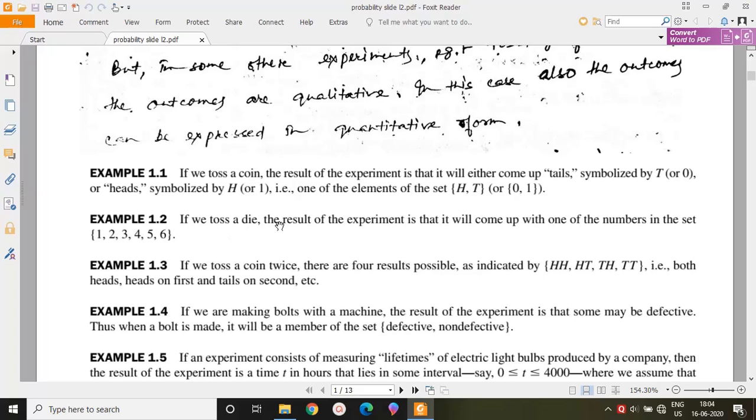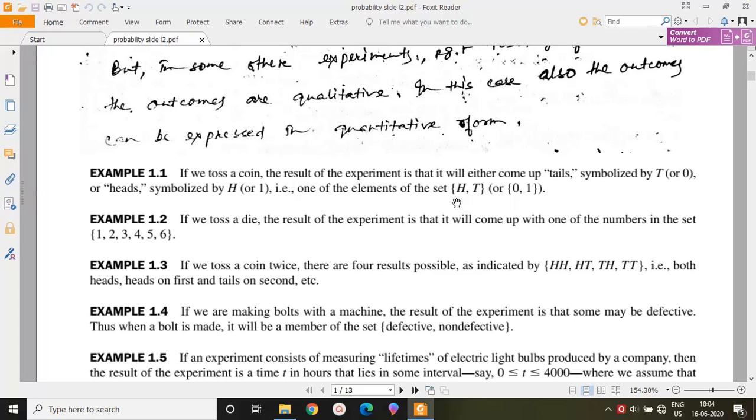Now, for the qualitative type, let us go to the example of toss of a coin. When you toss a coin, it throws up either tails or heads. That is, we can put a symbol capital H for head and capital T for tail.